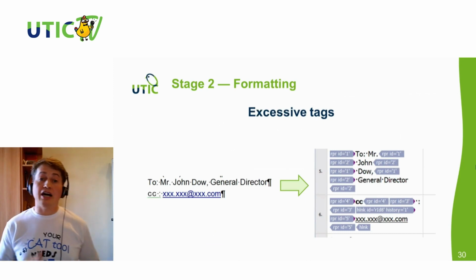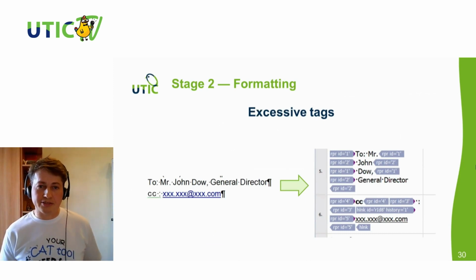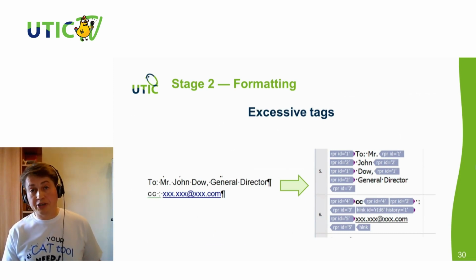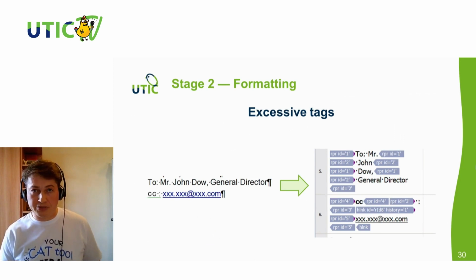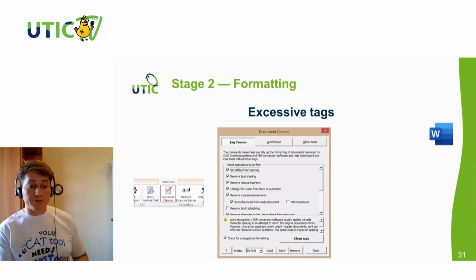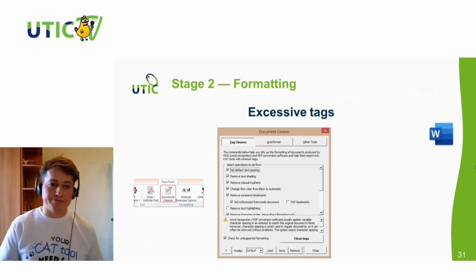Excessive tags are a real nuisance for translators. They are caused by very small differences in formatting of words, and you can usually find them in Word and PowerPoint documents converted from PDFs. There are several tools for removing excessive tags.